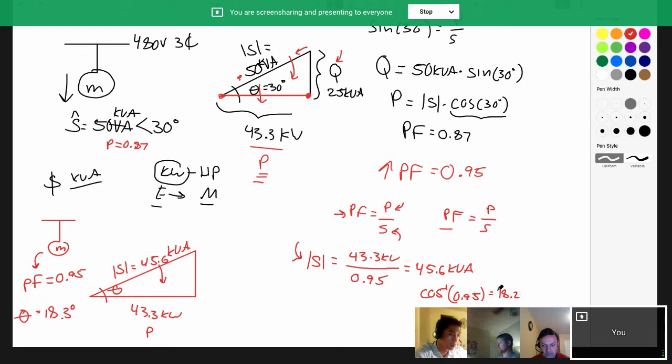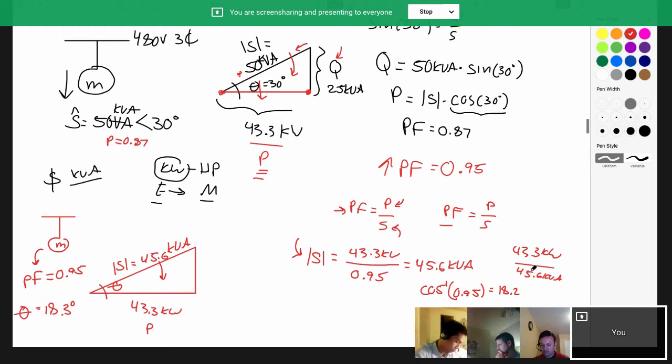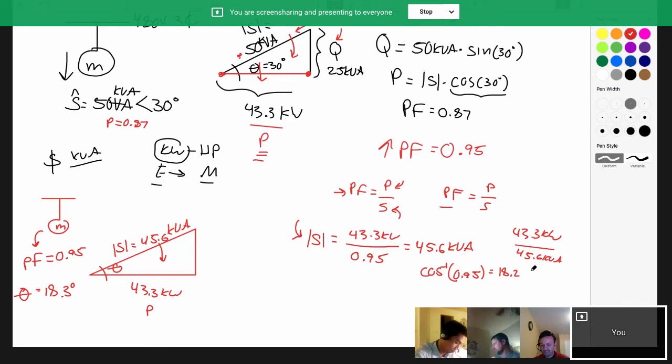Go ahead, while you're doing that, do our 43.3 kW over our new S, which was 45.6 kVA. 1.6. We should expect to see the same angle.